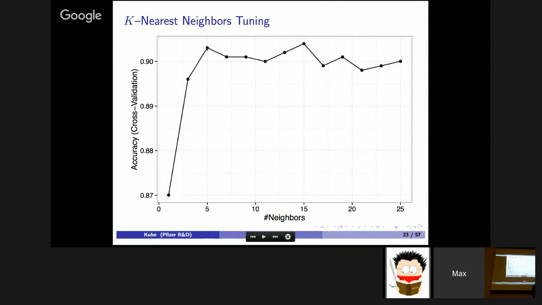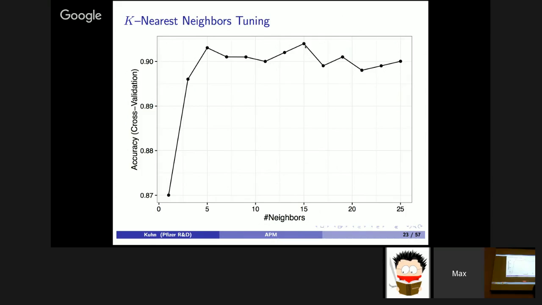The 5 nearest neighbor model went even further, and then it seems like it stabilizes a bit over here. The 15 neighbor model might be the numerically best one, but I would argue anything between, let's say, 5 and 25 would probably work. If we chose the 15 nearest neighbor model, that would be the one we would use going forward when making any predictions on new data.